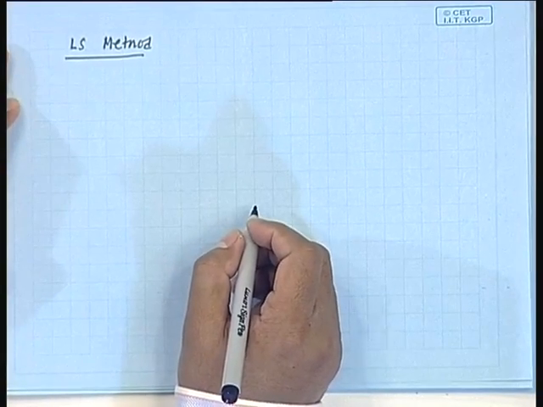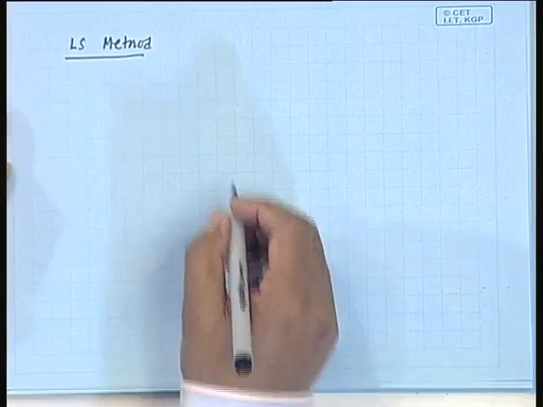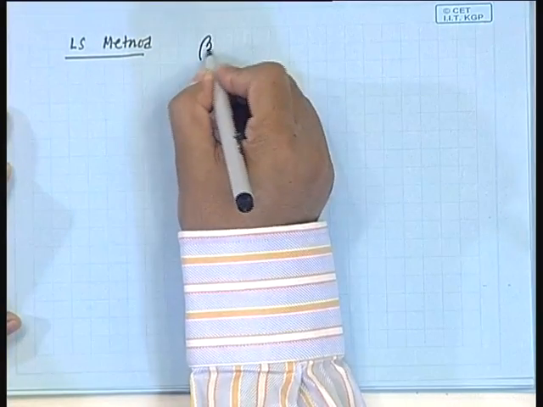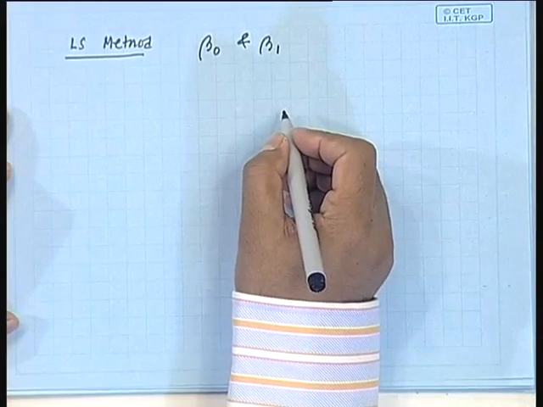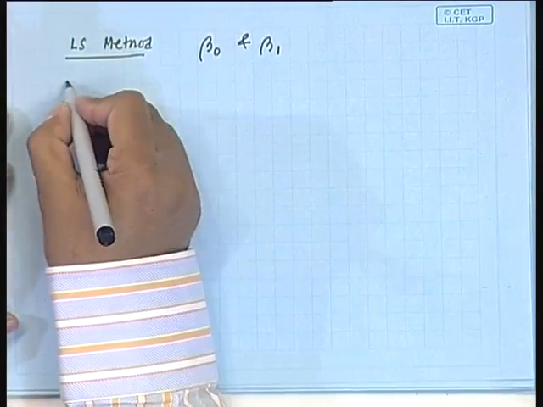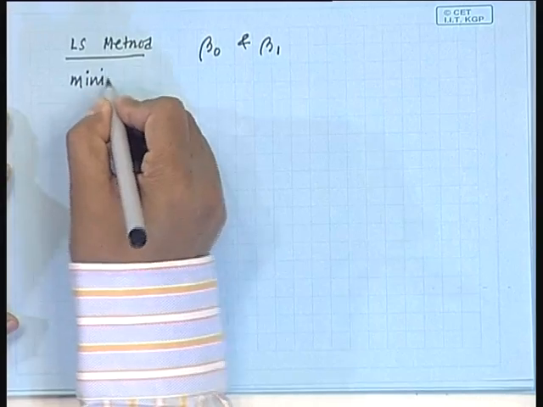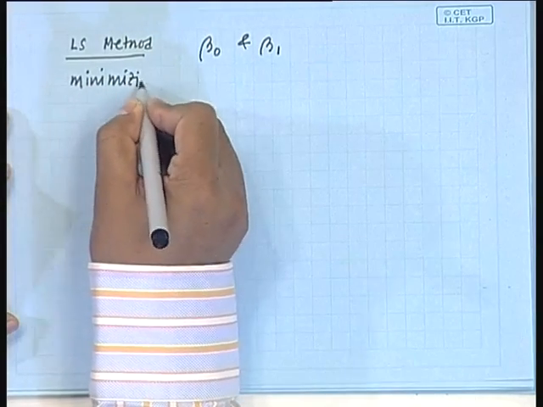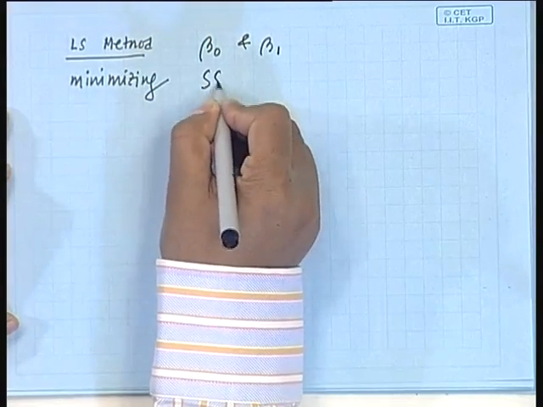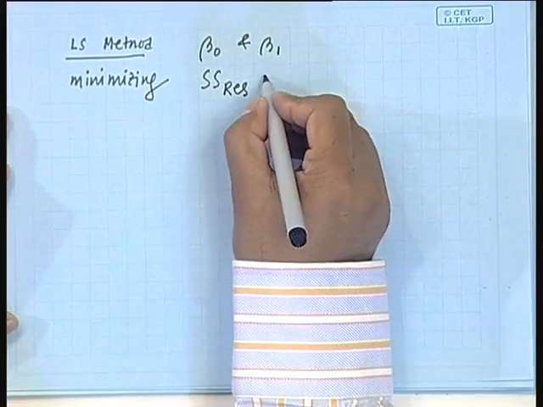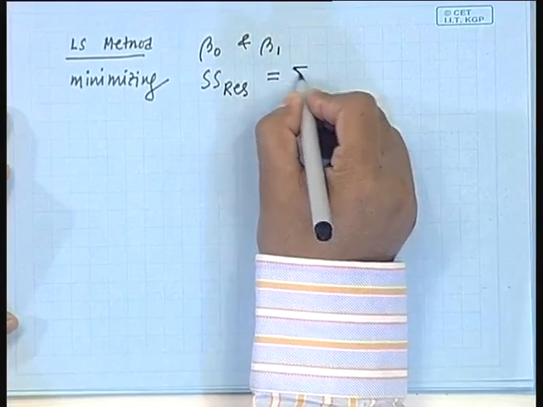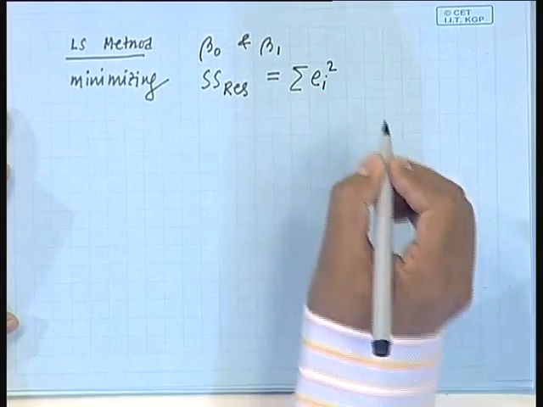The least square method determines the parameters beta naught and beta 1 by minimizing SS residual, that is, the residual sum of squares, which is equal to summation ei square.